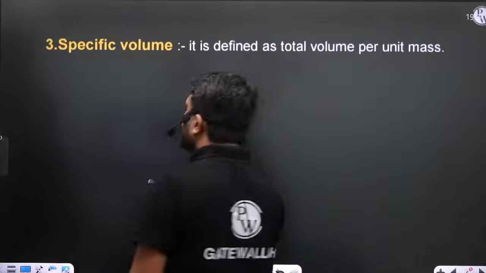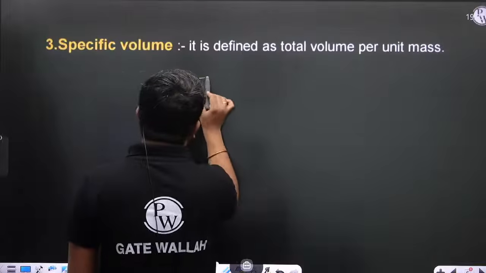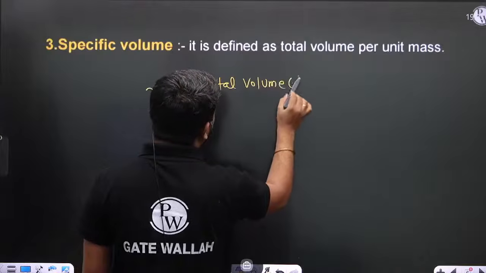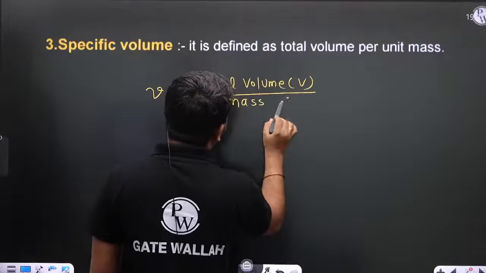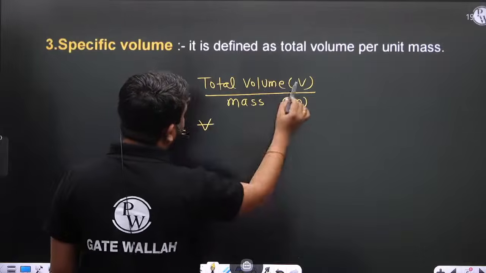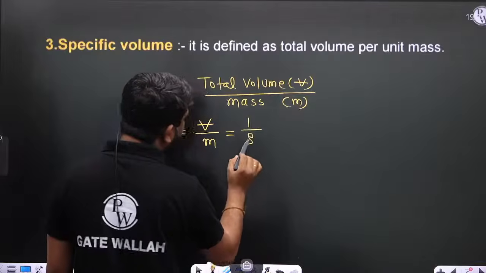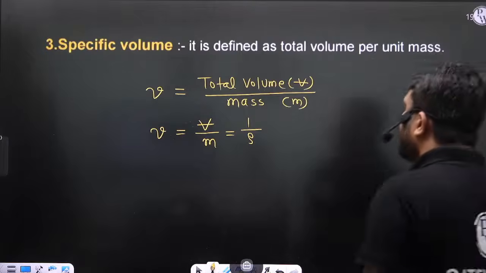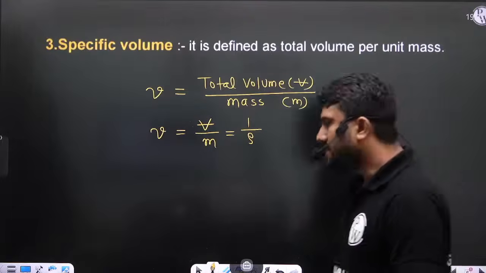Now come to the next fundamental property, that is specific volume. Specific volume is denoted by a small v, and it is the total volume per unit mass, so v by m. You can also define it as the reciprocal of the mass density.